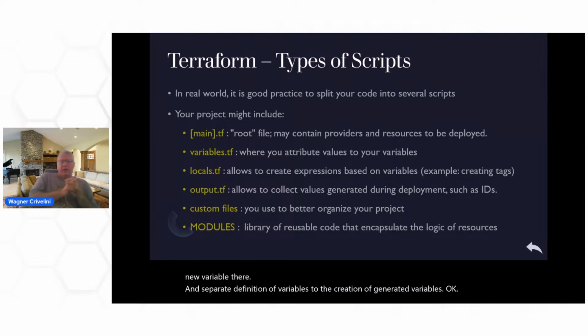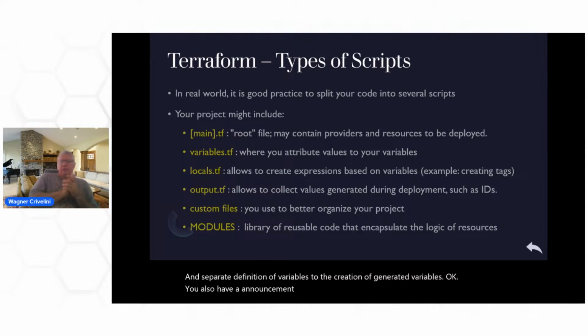You also have an output.tf file when you have to export values that are generated during deploy. How can that be useful? I'll tell you how. Let's suppose I create a Synapse workspace, and then I want to create a SQL pool.